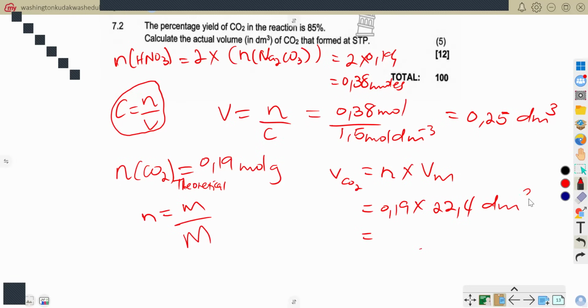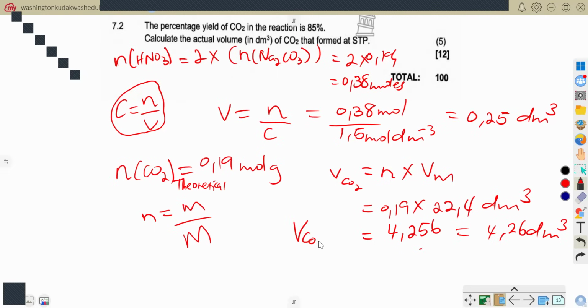Let's multiply 0.19 times 22.4, and that is going to give you a volume of 4.256. We round off, this is going to be 4.26 decimeter cubed. But we have been told that this is a theoretical value.